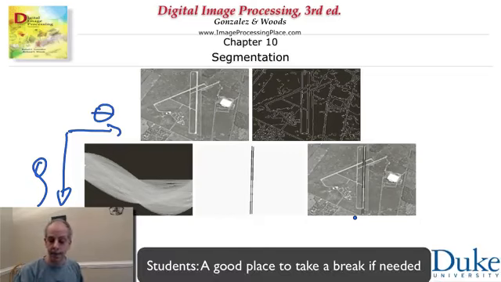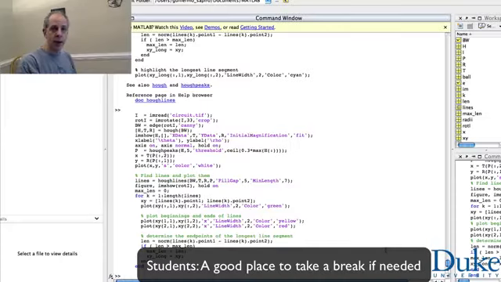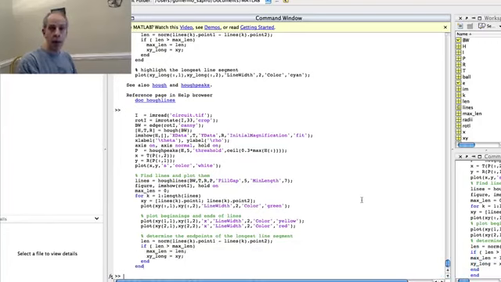Let's see that. We're now, as we said, inside the Matlab environment. And let's see the type of operations that we're going to do to illustrate the Hough transform to detect straight lines. So there is a bunch of commands here, but I'm going to describe them to you. Most of them are just to make nice plots.